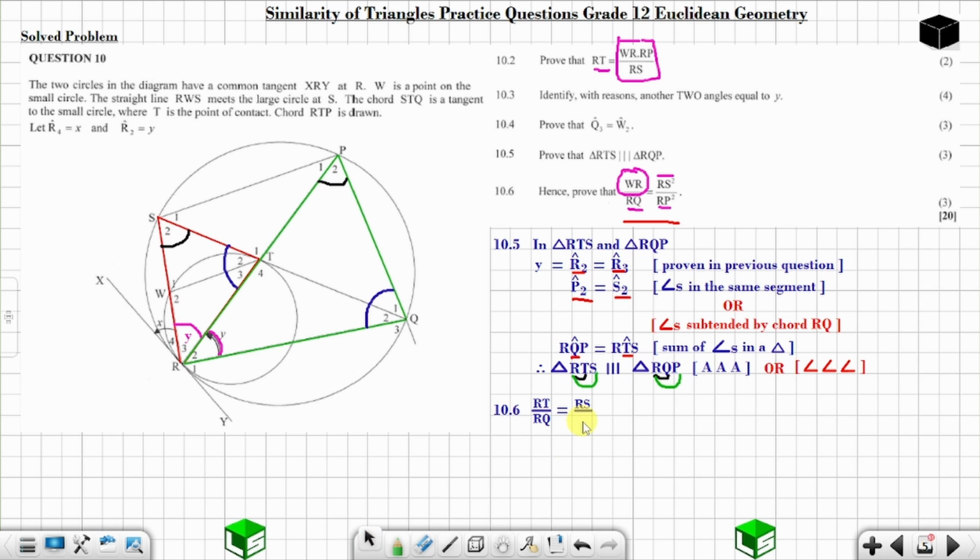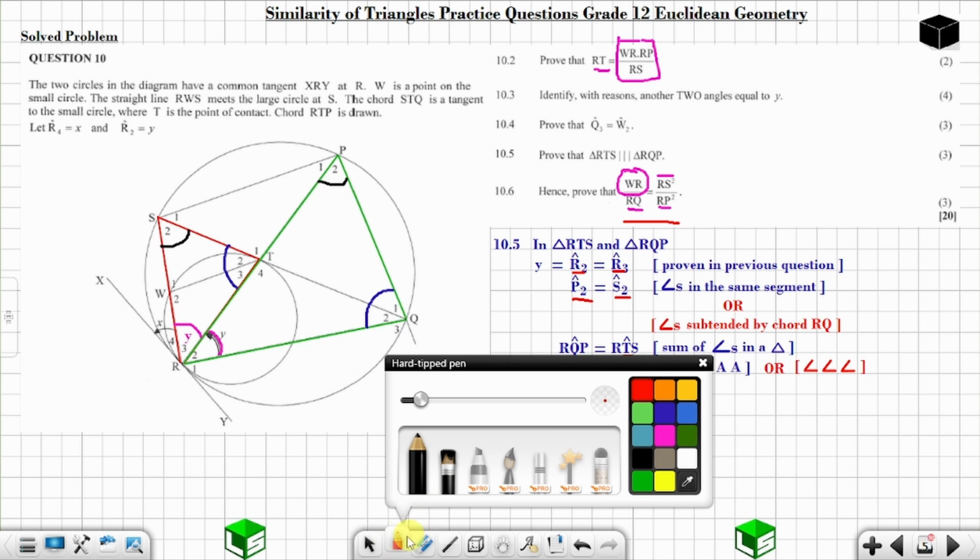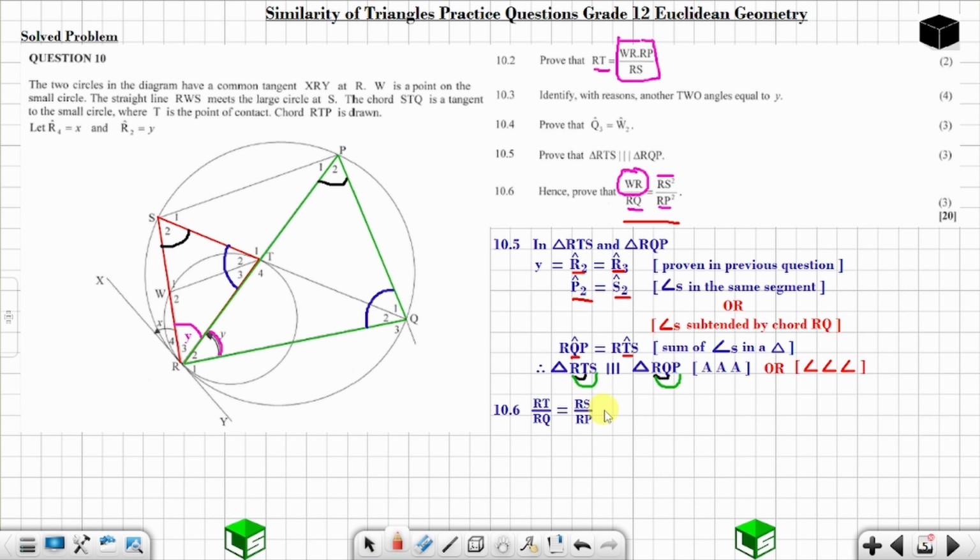RS over RP equal to, you can continue if you want. You are going to have equal to TS over QP. So we don't need TS. We don't have TS. We don't have QP. So we can stop here.